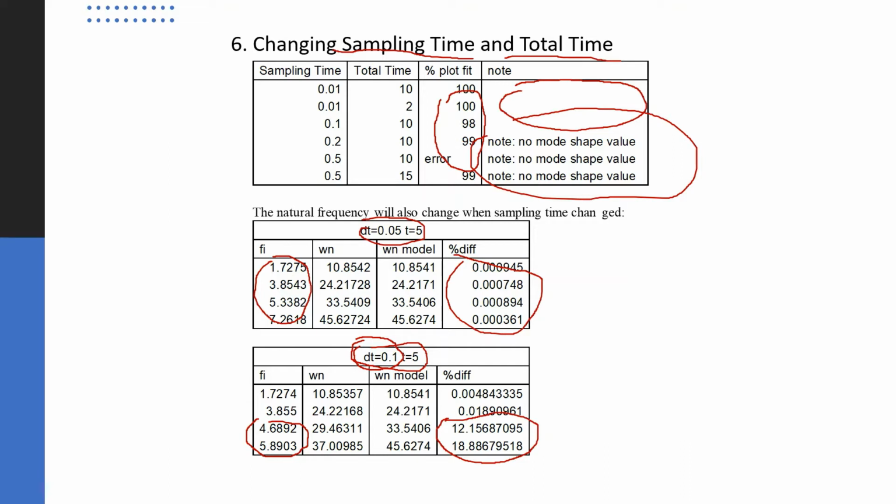I tried several times and found that when the sampling time gets larger, the mode with the higher frequency is very sensitive to the sampling time, which means the higher the frequency of the mode, the higher the percentage of inaccuracy generated from MATLAB.